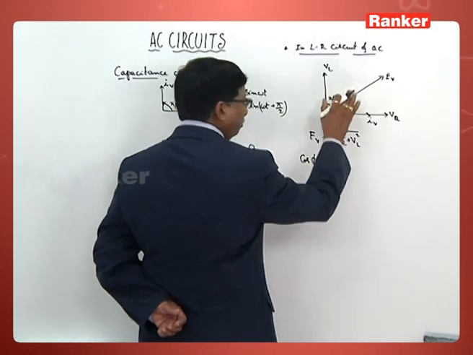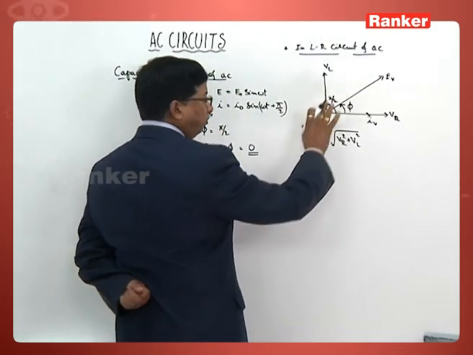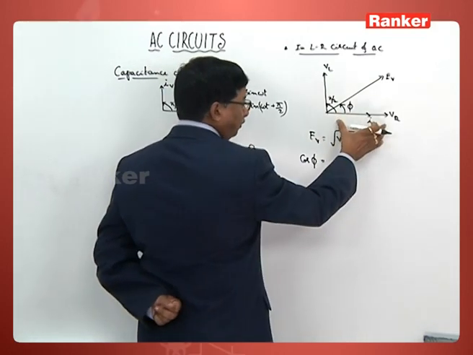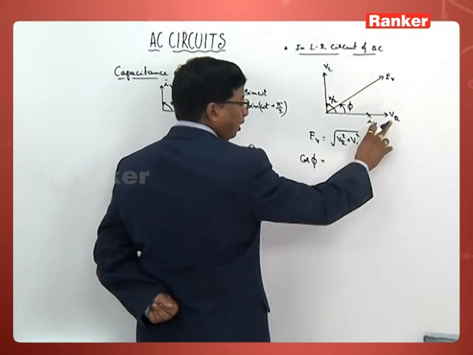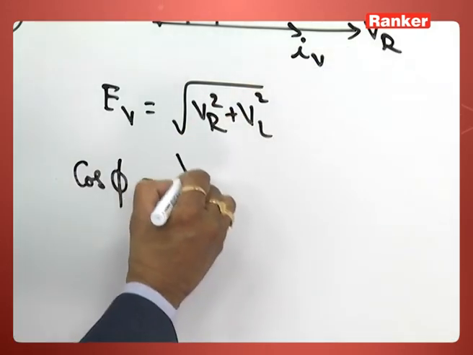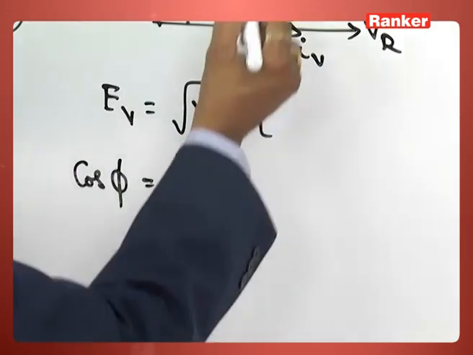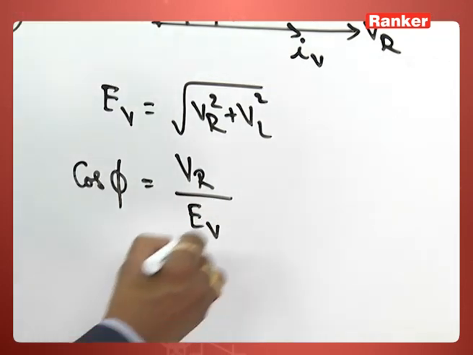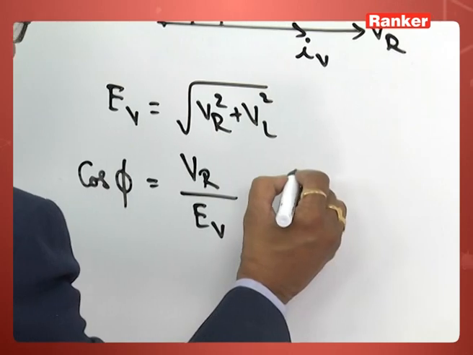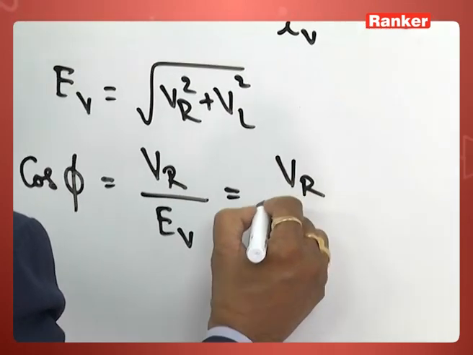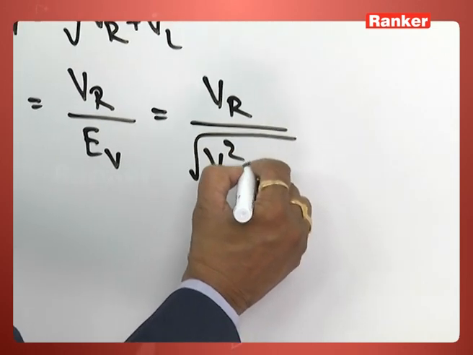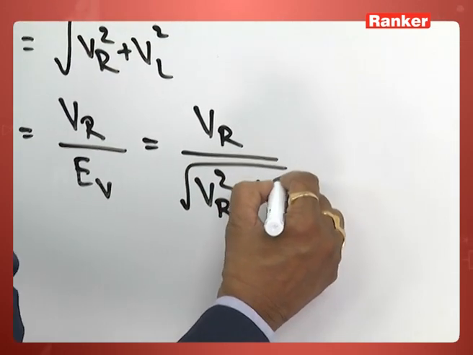You understand from this particular graph, cos phi is adjacent by hypotenuse. Adjacent value is going to be VR. Hypotenuse value is going to be EV. Therefore, we can write VR by root over VR square plus VL square.